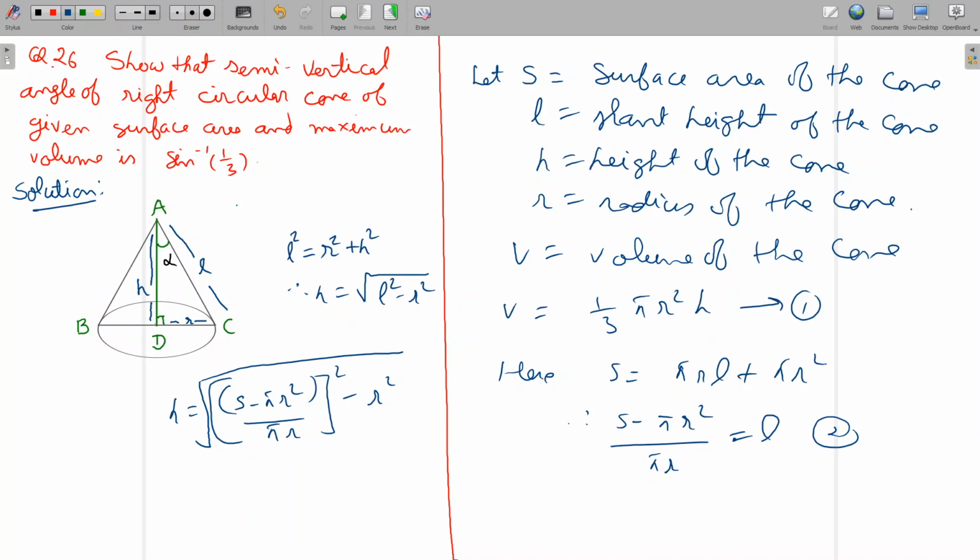Now we'll substitute, suppose this is 3, we'll put 3 in 1.